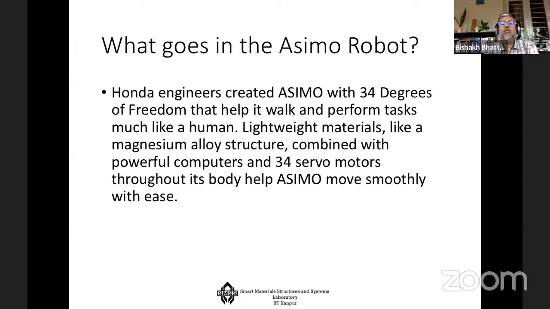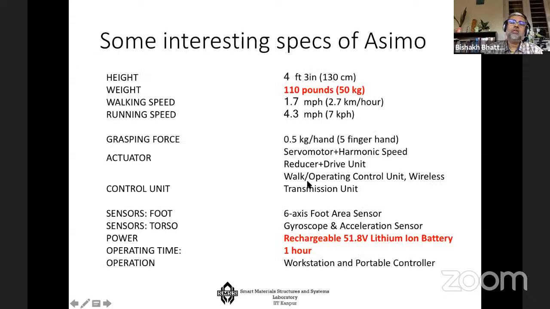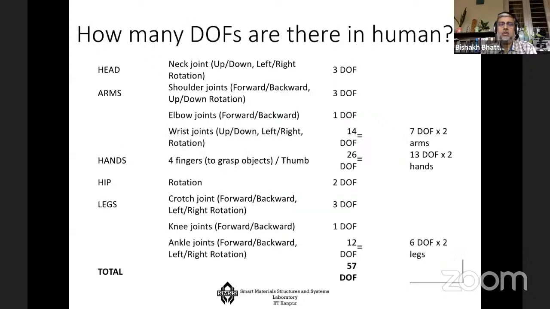It is made of lightweight materials, not a soft robotic material, but materials like a magnesium alloy structure, combined with powerful computers and 34 motors. That gives it this kind of humanoid-like appearance. So these are some of the data, and you can see that with all this intelligence, it can work at most for 1 hour in today's situation.